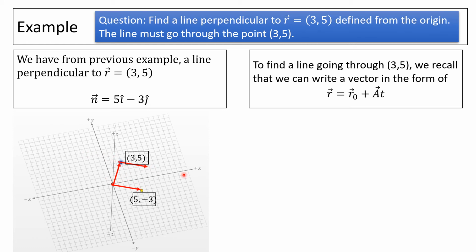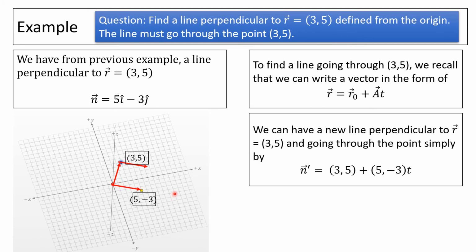In this case, you will see that r0 is actually the point 3, 5 here, and a is basically the vector n that you have here. Because of that, we can write the new vector going through the point 3, 5 as r0, which is 3, 5, plus a, and a is basically my n now, which is 5, minus 3, times t.